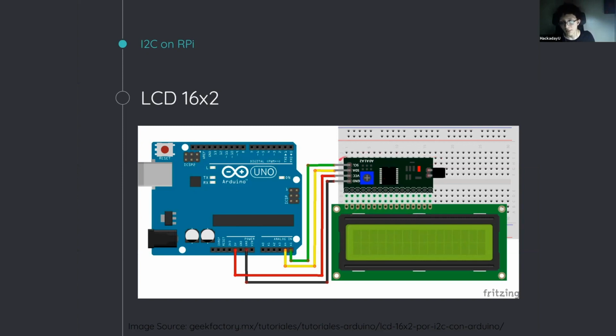But then I found out that you can solder this board onto it, either they come soldered or you need to solder it. Then you only need these 4 cables to connect it to the Arduino or the Raspberry Pi. So this is way better. You have fewer cables, more reliable. It works just as fast. It's basically the same.